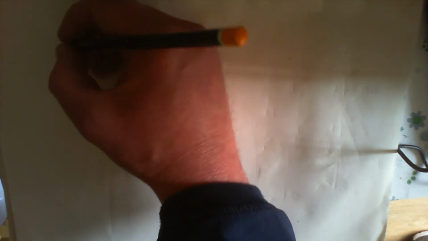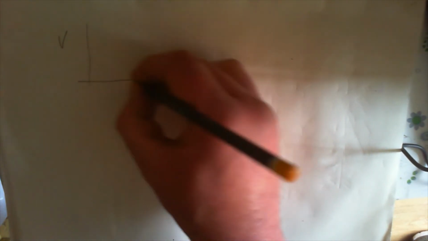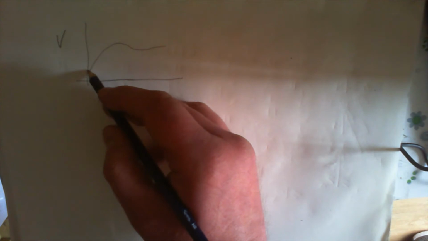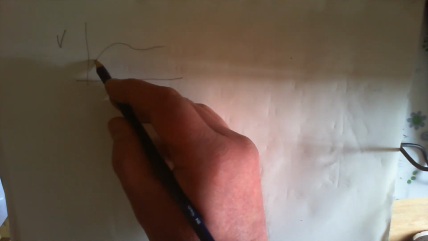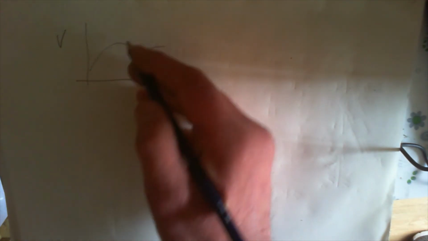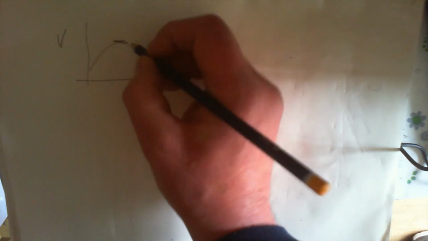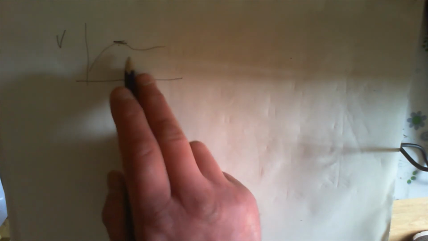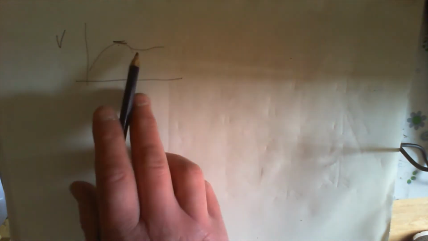Just a quick thing actually. If you have a velocity time graph where the velocity is changing here, or at this point it's level, it's not changing, that means there's no acceleration, or here there's a deceleration and here's an acceleration.